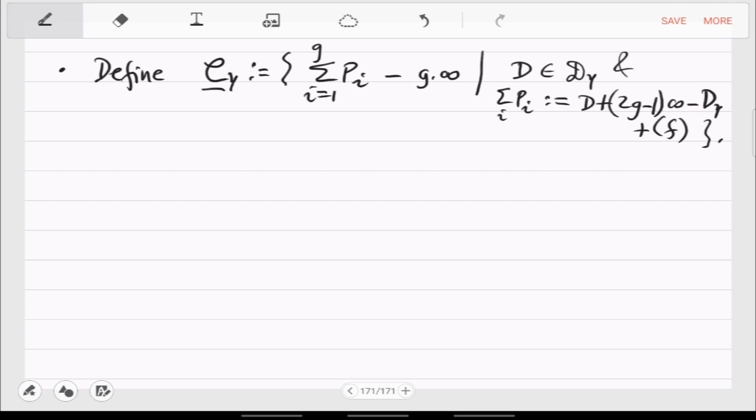Okay, so these are the points that the divisors you get from D gamma actually correspond to.